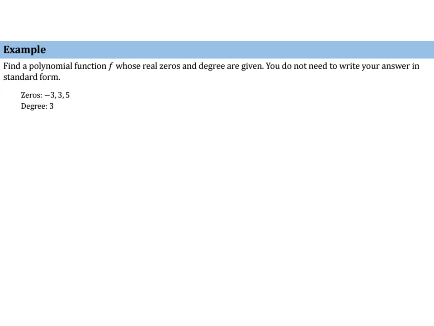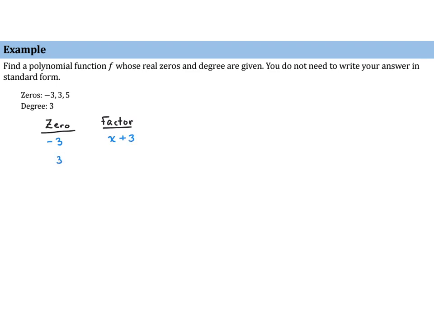So here we are given the zeros of a function and we are told the degree. So let's go ahead and write the polynomial function that has those corresponding zeros. Maybe a good way to do this is every 0 corresponds to a factor. So if we have a 0 of negative 3, the corresponding factor would be x plus 3.